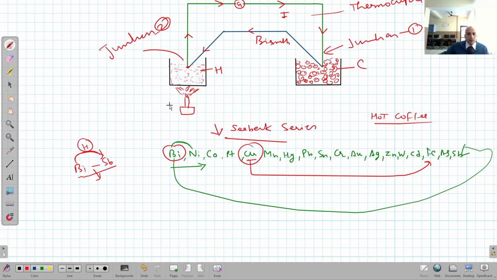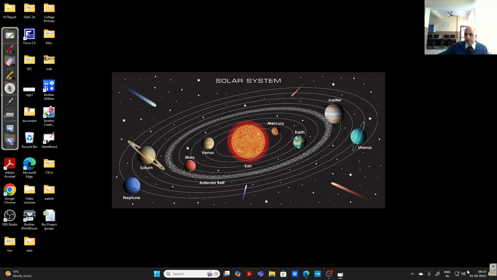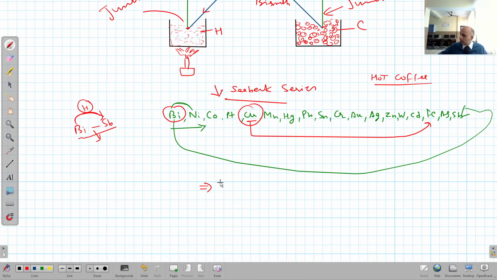So this is about this. Now the amount of EMF induced in this circuit depends upon the temperature difference across the two junctions, right? So the amount of EMF produced here, I can write the expression for that.